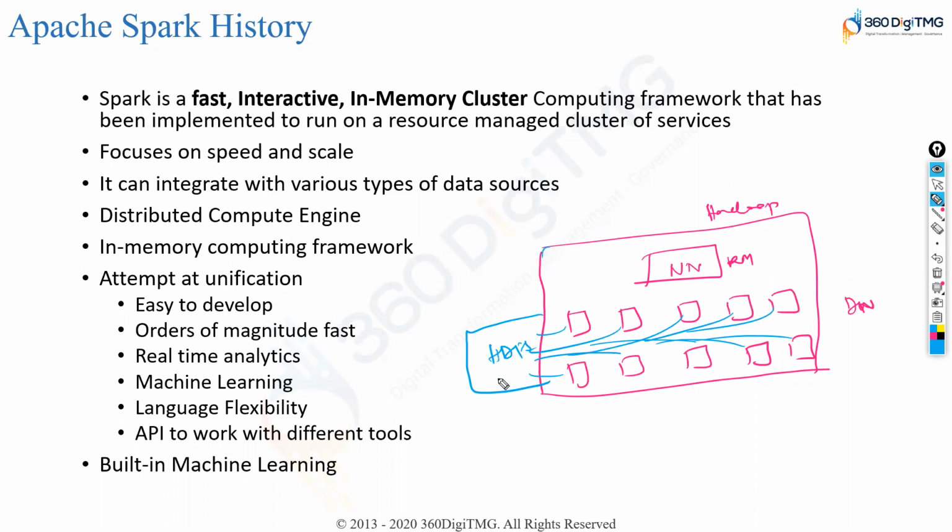Now we also have map reduce capability. Hadoop has HDFS and map reduce capability. Now, when I talk about map reduce, we are trying to do processing using map jobs and reduce jobs.